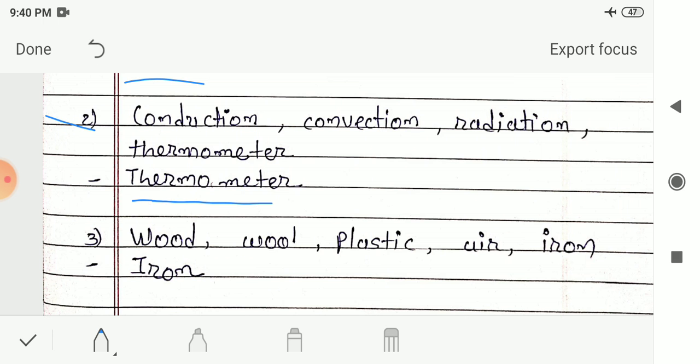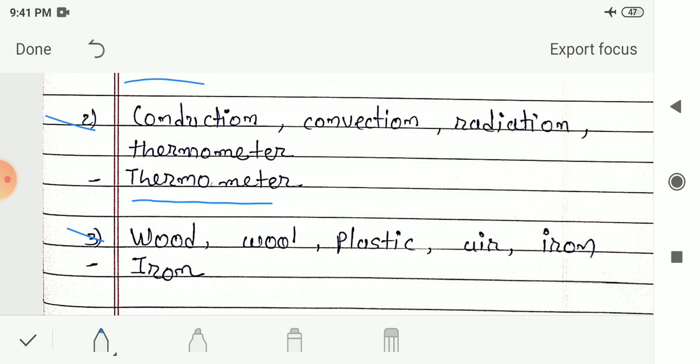Your answer is thermometer. The rest of the three, conduction, convection and radiation, are different ways for the transfer of heat, whereas a thermometer is the instrument used to measure temperature. So here the odd one out is thermometer.